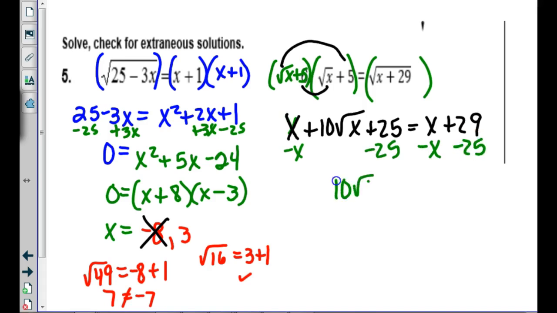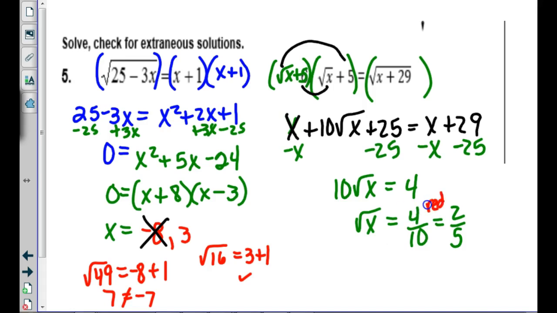So I have 10 square roots of x equals what? So I could divide the 10 right now, which is 2/5, right? But what do I have to do to find x?